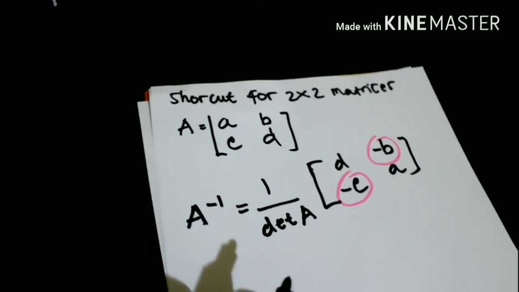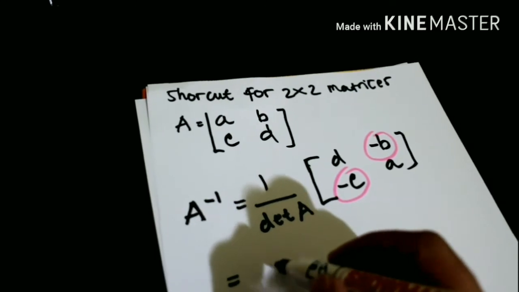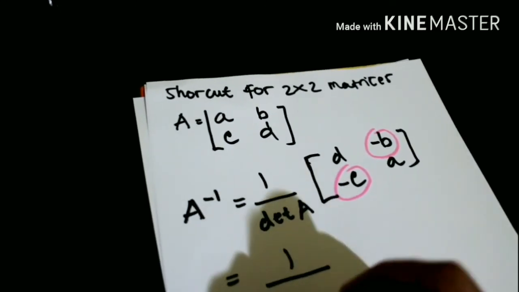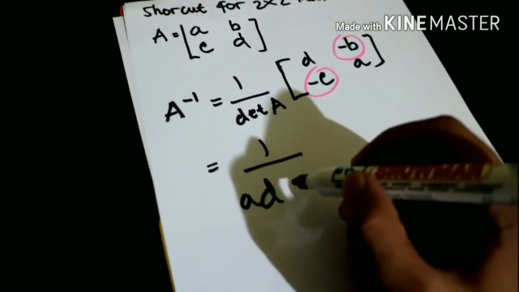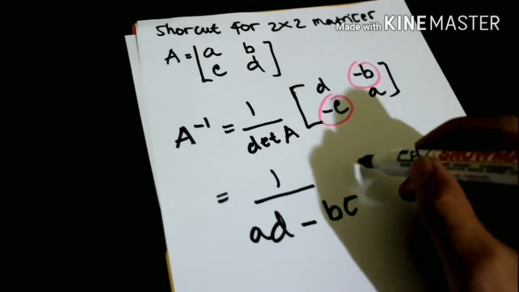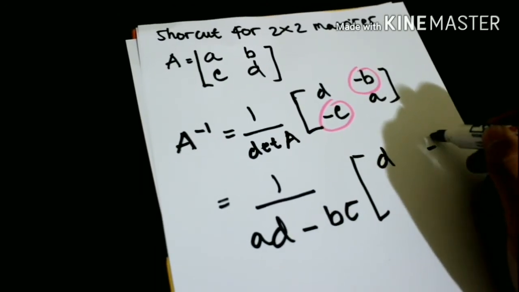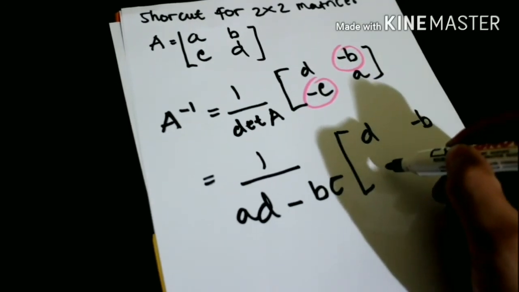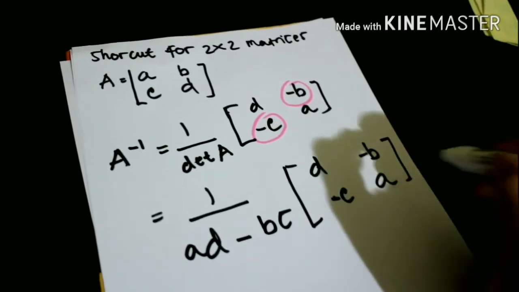Then, to calculate the determinant, it is 1 over ad minus bc, and then [d, -b; -c, a].